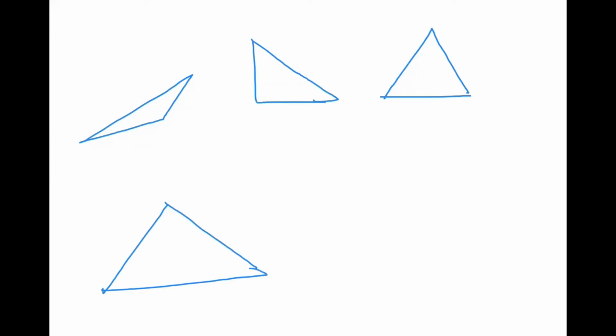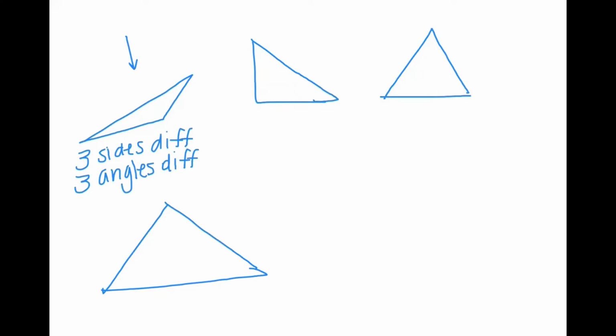All right, so let me go over the different kinds of triangles. First we have just a regular no-name triangle, okay? That means all three sides are different. All three angles are different, okay?